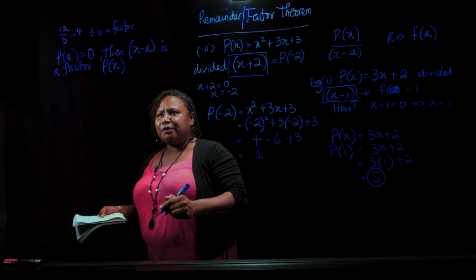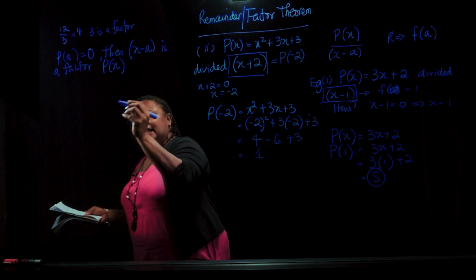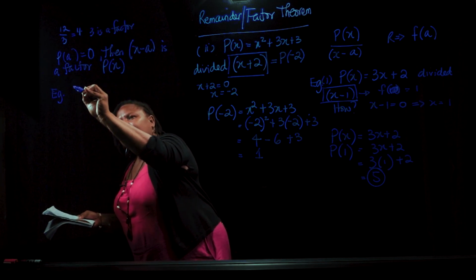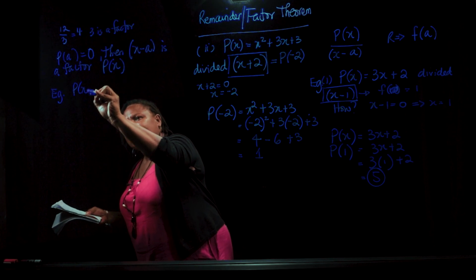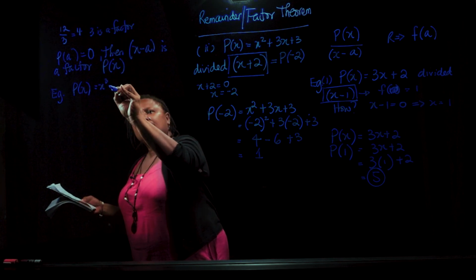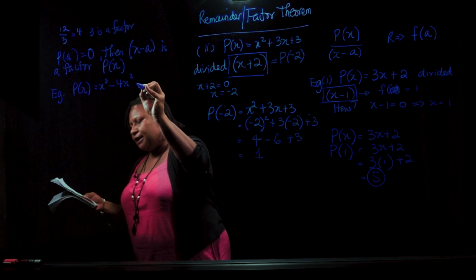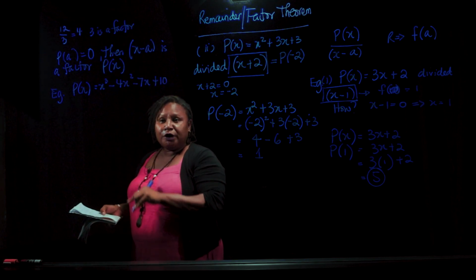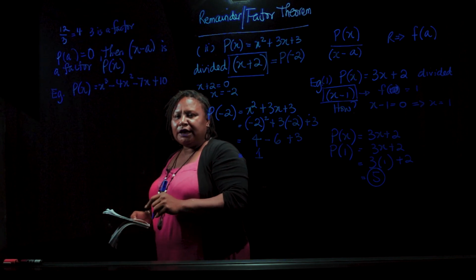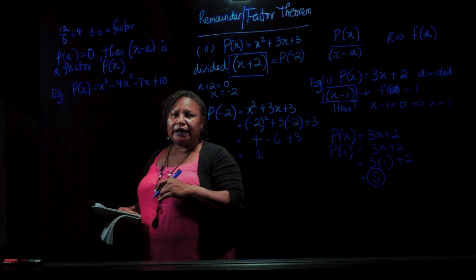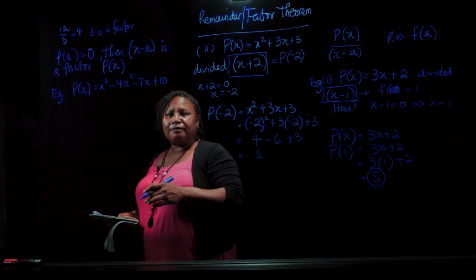So we use an example to show what this means. Let's have a look at the function of x equal to x cubed minus 4x squared minus 7x plus 10. We do not have a linear polynomial here to divide by; we are trying to find that factor. So what do we do to find the factor?